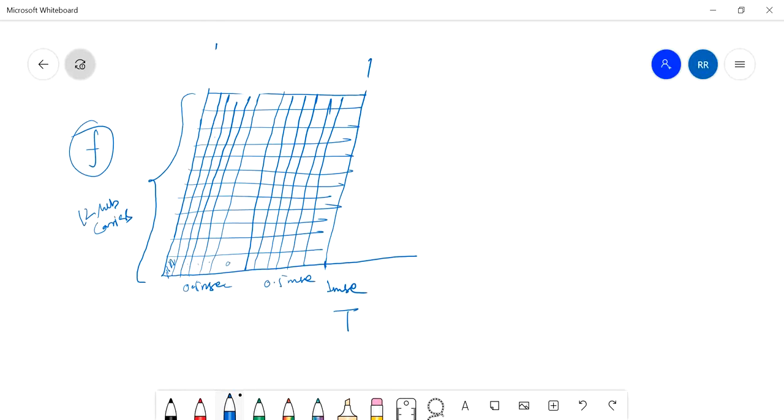So here it is there, and then here it would be used, 1 2 3 4, then 1 2 3 4 here, and 1 2 3 4, like this.